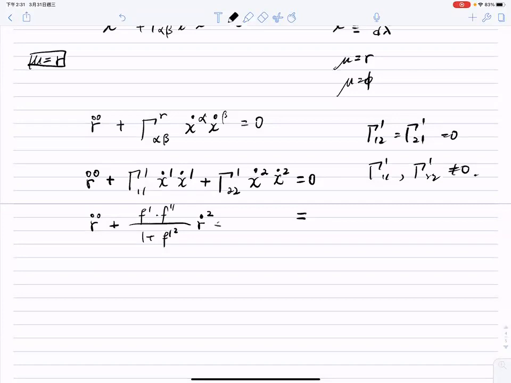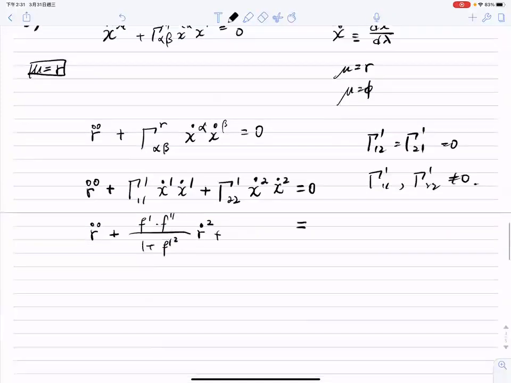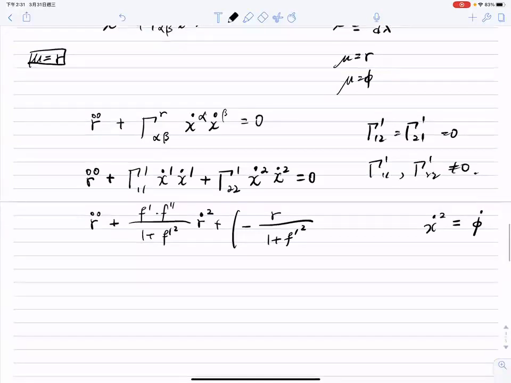Plus the big Gamma 1, 2, 2, which would be minus r over 1 plus f prime square, and x dot 2 is basically the phi component, d phi d lambda.